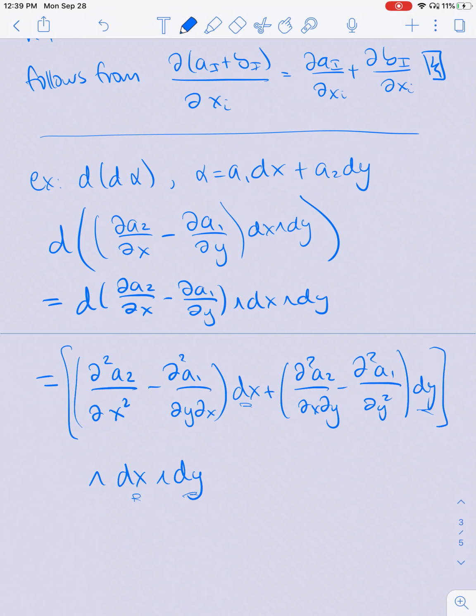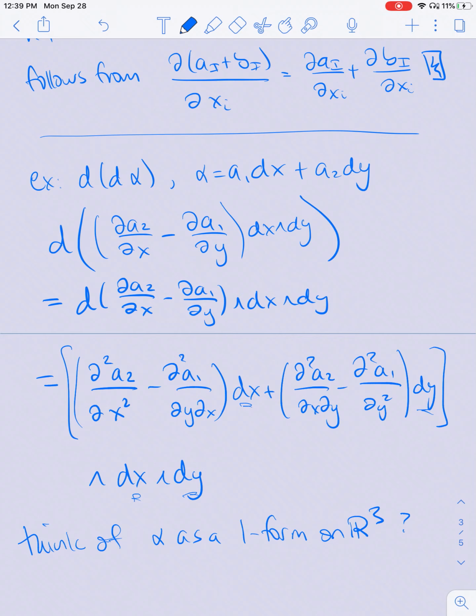In general, maybe I have a more complicated form. So maybe if I think of alpha as a 1 form on R3, is this any different? Yes, it will be different because I'll be getting some more terms when I take d of a function.